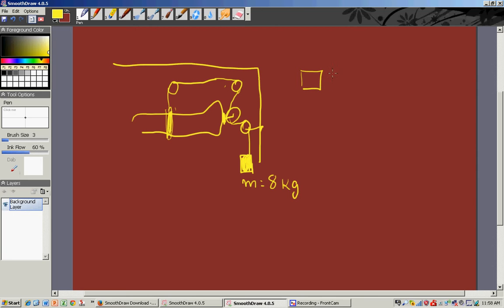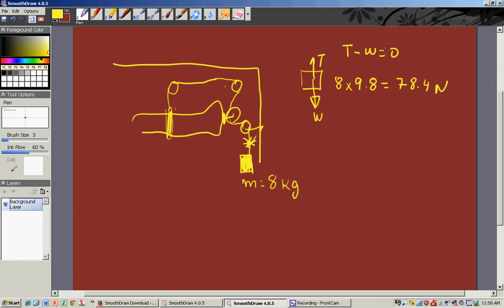Remember, all these pulleys are super pulleys, massless, no friction, nothing. And if you look at the free body diagram for this hanging mass, it's not moving, hopefully. So the weight of this mass, remember, the weight is different from mass, is 78.4 Newton.